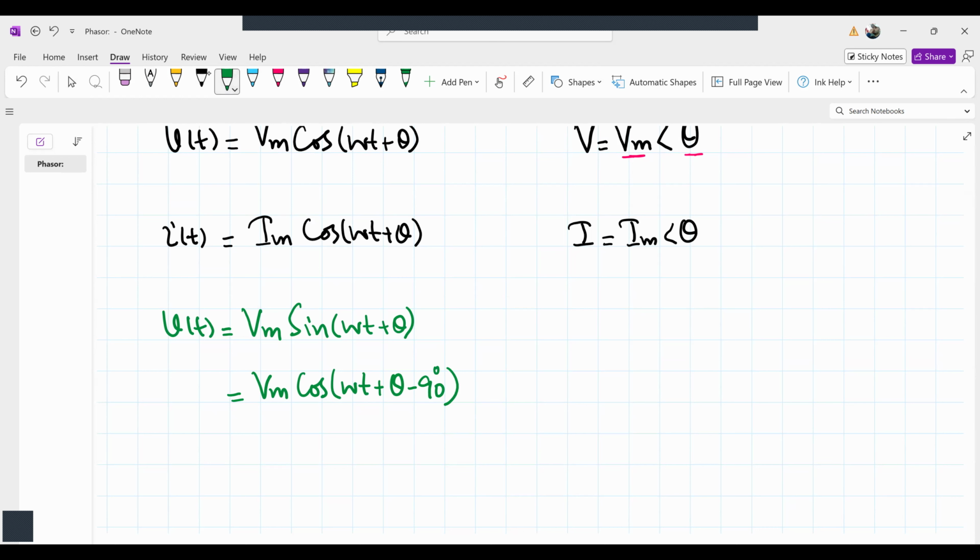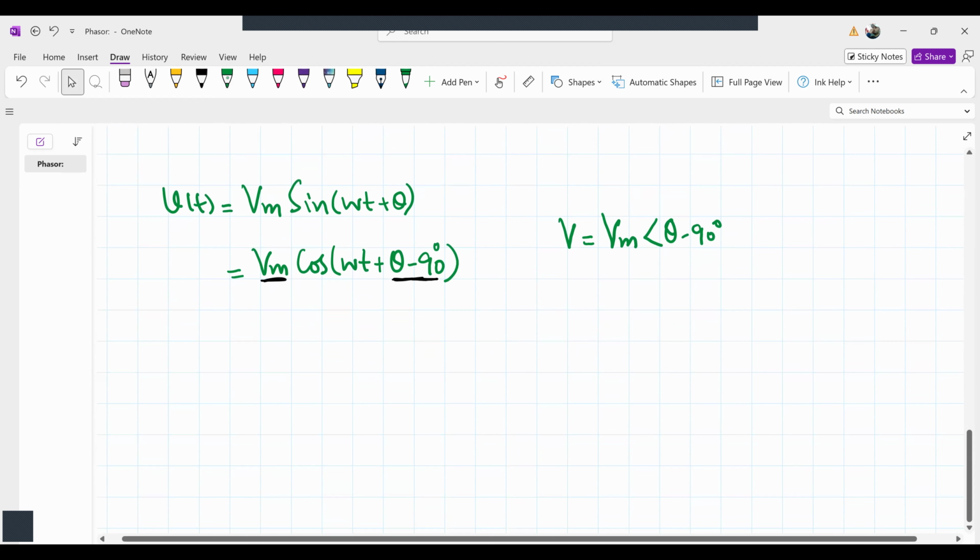So what will be the phasor representation here? Amplitude is Vm and phase is theta minus 90 degrees. The phasor representation will be simply V equal to Vm, the amplitude, at an angle of theta minus 90 degrees.